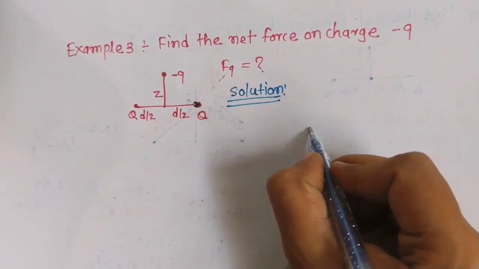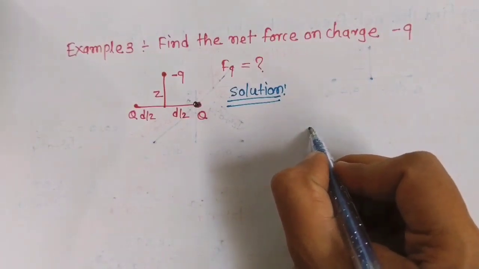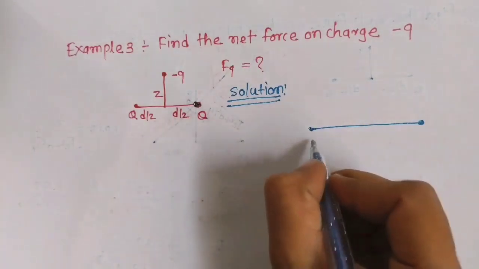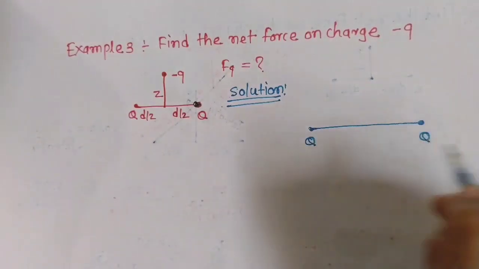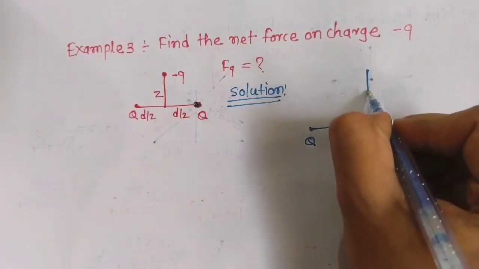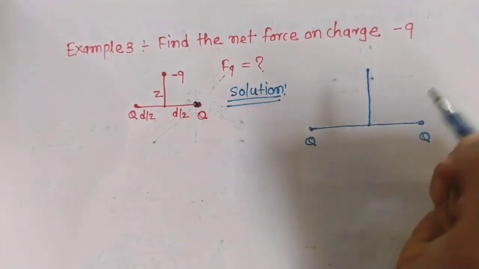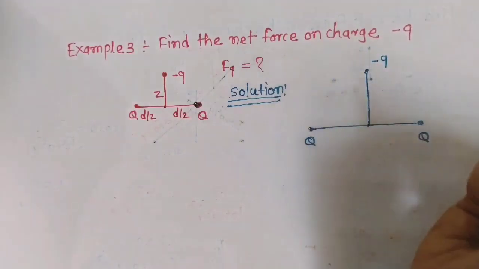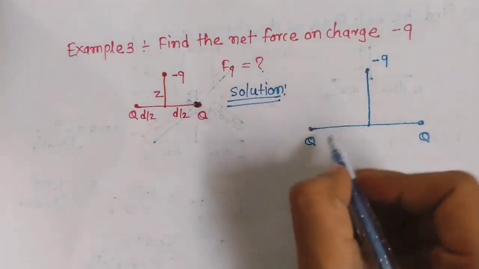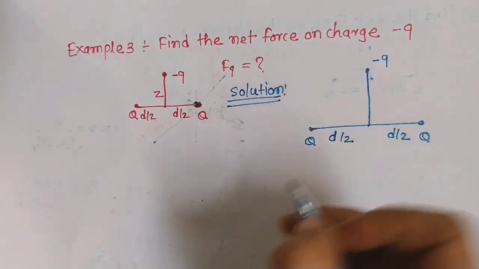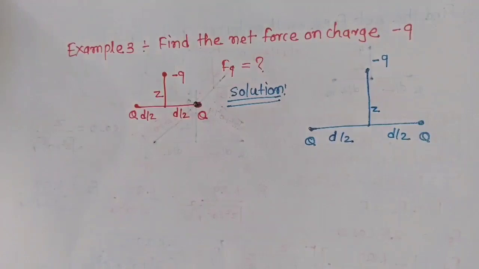The solution. Again, we draw this system of charges Q. This is minus Q, d by 2, z.